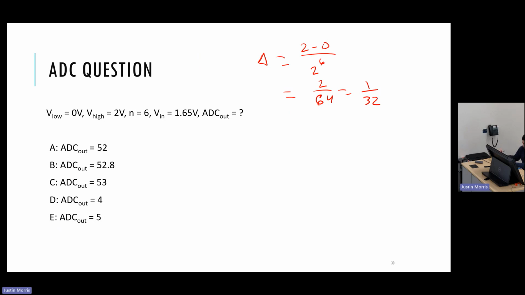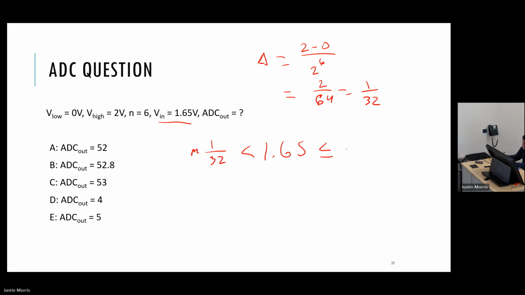Then if I want to calculate the interval that this input belongs to, I can do this equation. So I have m is my interval number, m times 1 over 32 gives me the lower range of my inputs. And my input is 1.65.